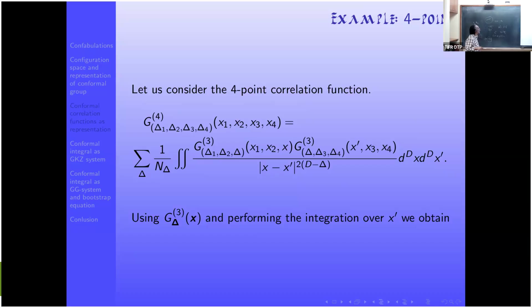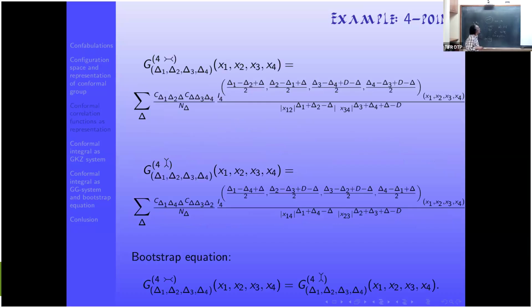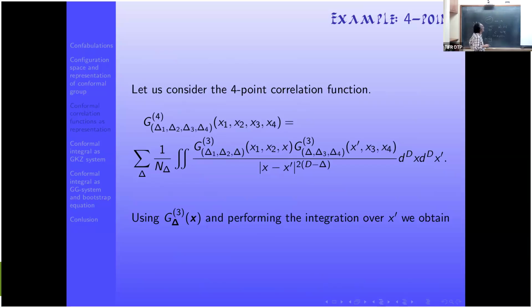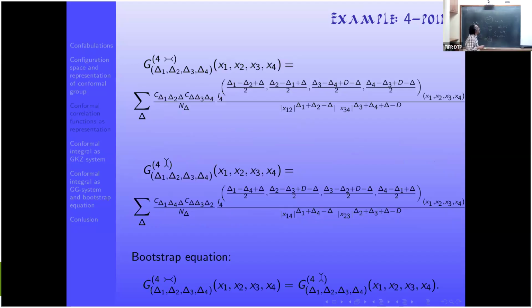So I have to do these integrals. Now, if you just massage these integrals, one can actually do some of them. So what one does is you put in the 3-point functions with these particular weights and these particular positions, and massage the integrals a little bit. You can do some of the integrals and some not. You rewrite this in this fashion.